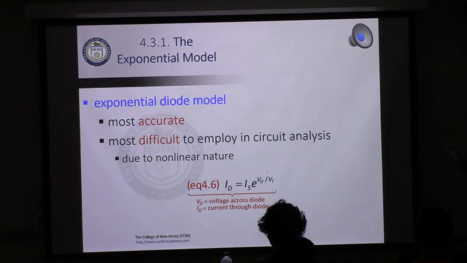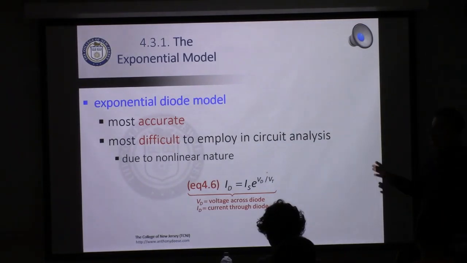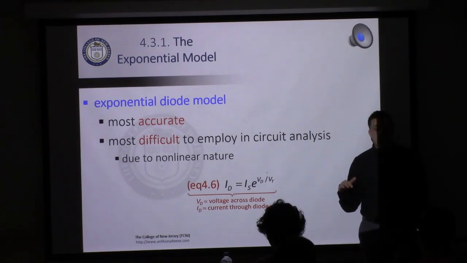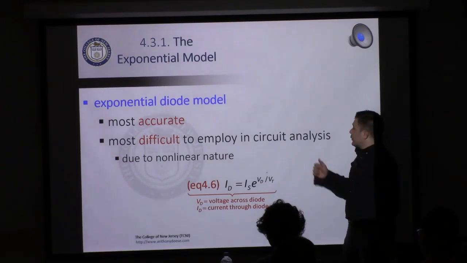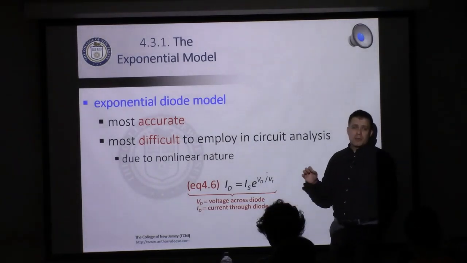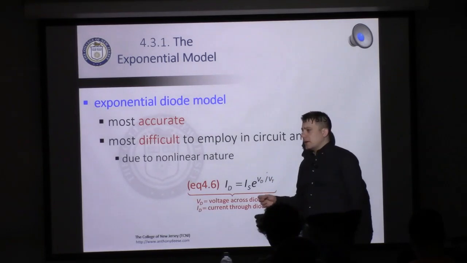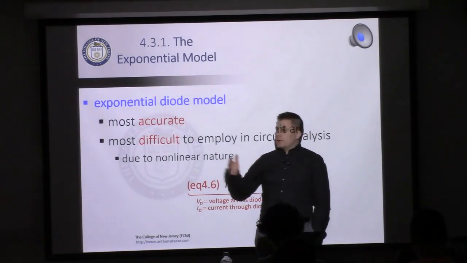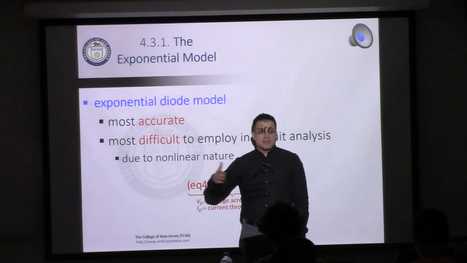Exponential diode model, we know how it works, the pros and the cons. It's the most accurate out of the ones that we have looked at. It's also going to be difficult to employ in circuit analysis due to its nonlinear nature. So all of the mesh analysis, nodal analysis, all that type of stuff are all linear algebra. Solving them is based on linear algebra.